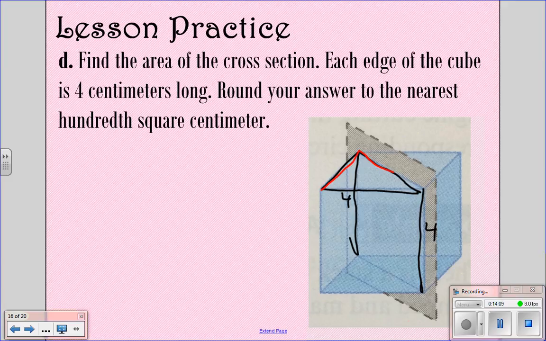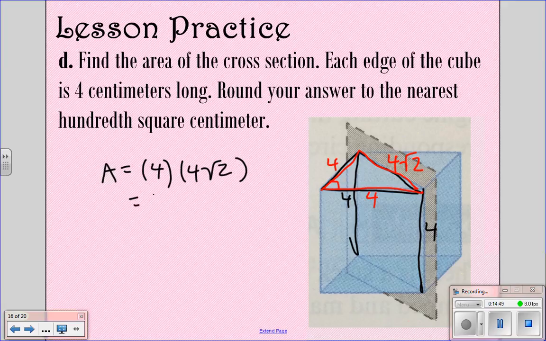This triangle here is actually a right angle here. So we have a right triangle. And then this is a 4 because it's an edge of a cube, and this length is a 4. And so we need to find this one. And if you do Pythagorean theorem, you'll get 4 square roots of 2. And so to find the area of the cross section, we're going to do 4, because that's one of the side lengths, and then the other side length is 4 square root of 2.